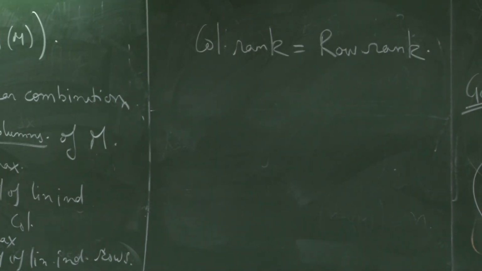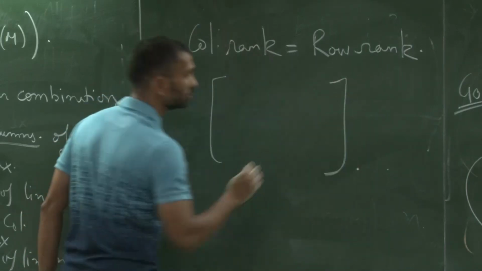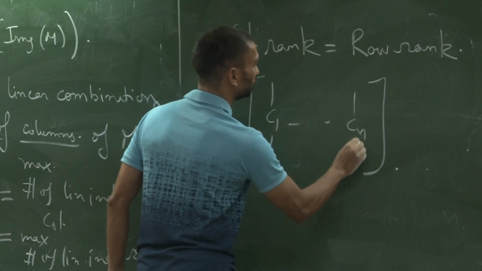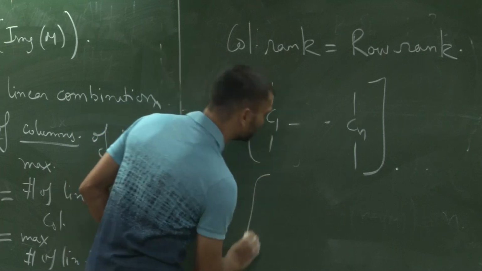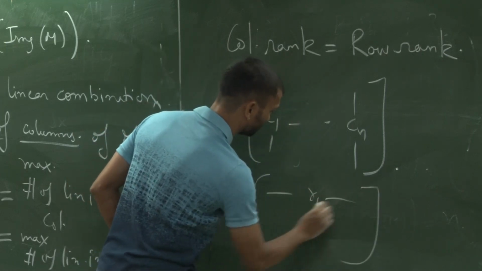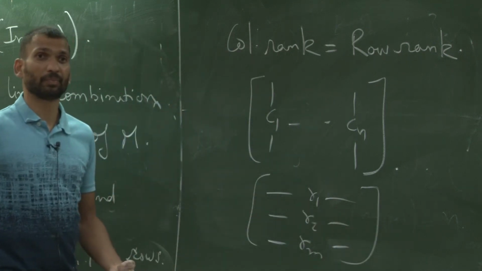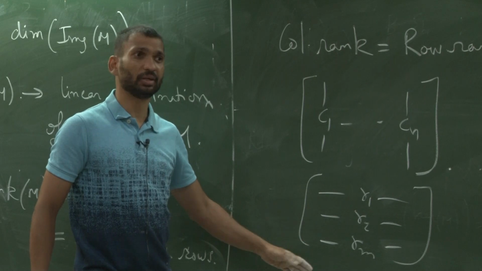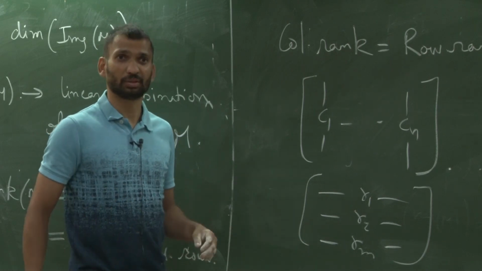There is no good reason to believe it, right? So you have a matrix, you can view it as a bunch of columns. How many linearly independent columns are there? Or you can see it as a collection of rows. How many linearly independent rows are there? It turns out that this is going to be the same number.